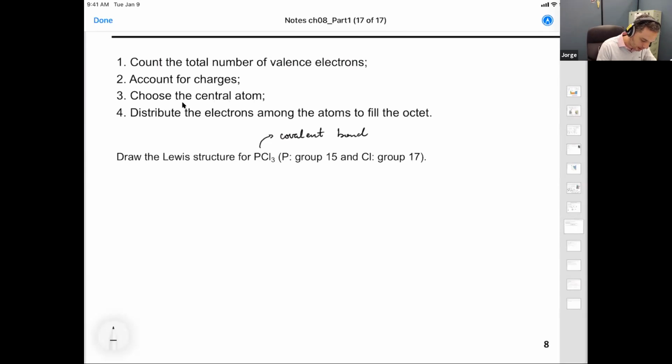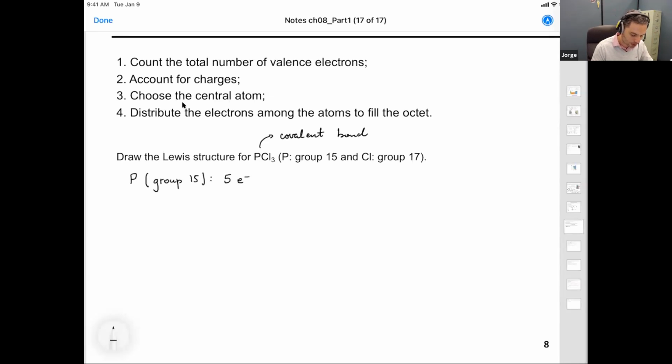So let's do that. Phosphorus belongs to the group 15. Remember that we only need to know the number of valence electrons. If an element belongs to the group 15, that means it has 5 electrons in the valence shell.